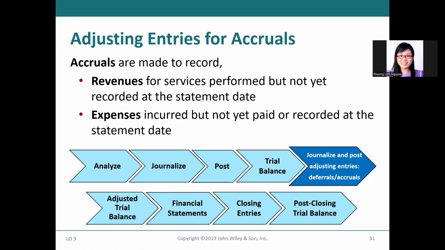There are two types of adjusting entries, deferrals and accruals. After we journalize and post adjusting entries, we will prepare an adjusted trial balance and then the financial statements. These are the steps that we're going to learn in chapter 3.